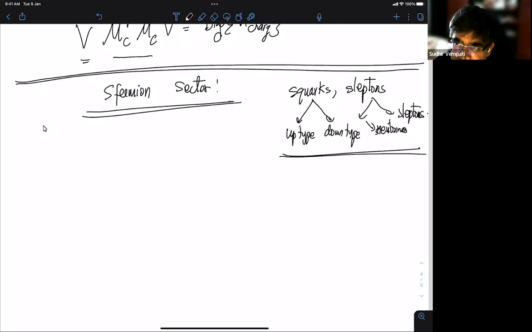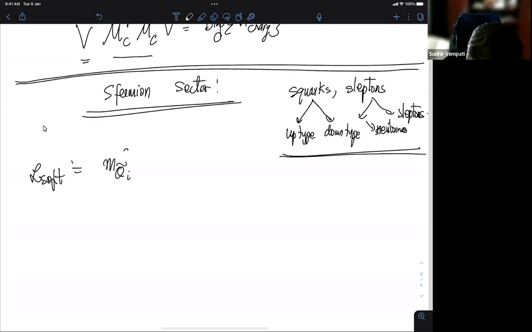I'll try to make some simplifications so as to make our life easier. The first thing is we write down the soft terms. L_soft contains, for example, Q. We'll start with Q: M_Q̃ij² Q̃i† Q̃j.